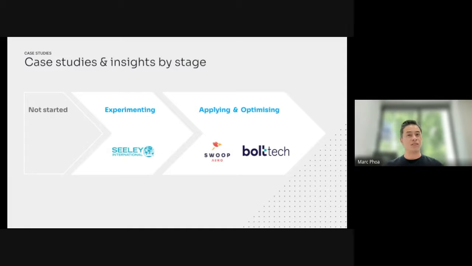Swoop Aero have some internal capability. However, they're combining machine learning with IoT, which is still a relatively new and emerging area. And Baltic, again, who have their own team, engage external agencies because they have more ideas than they've got the capacity to execute on. So in their situation, it's as much a capacity issue as it is a capability gap.